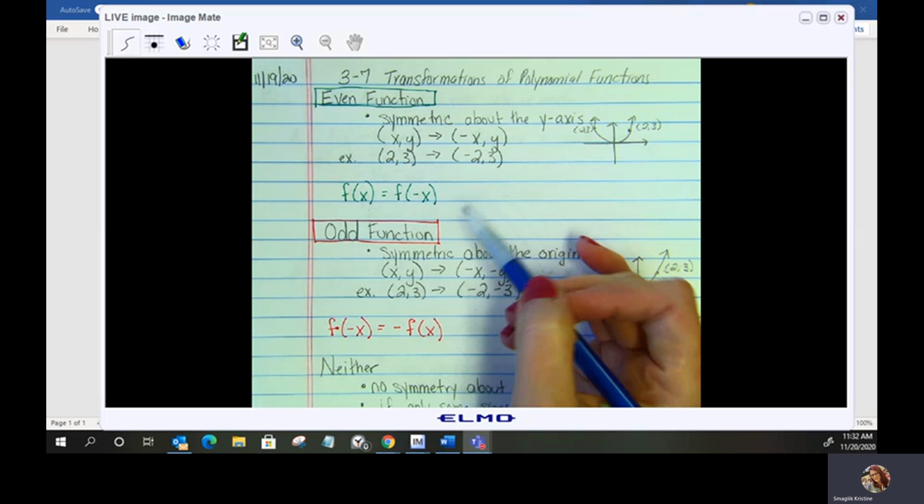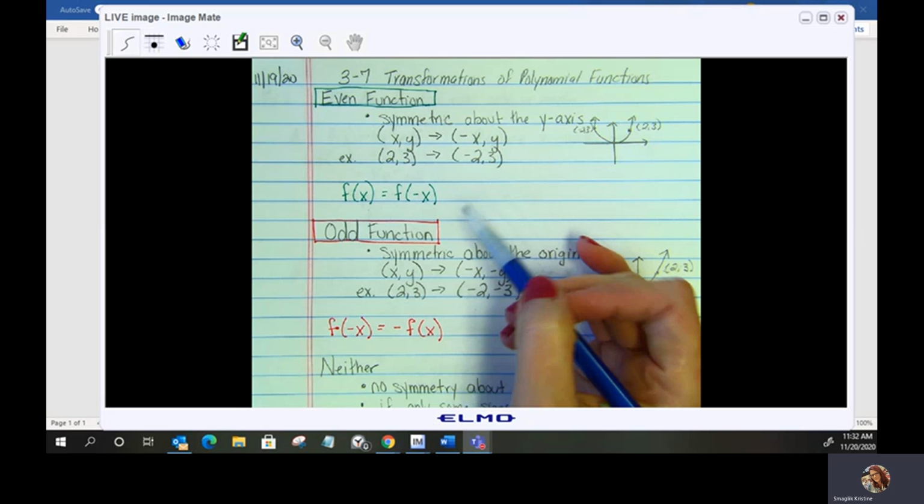Now on this one, f of negative x is 2 times negative x raised to the 3rd plus 3 times negative x. If I raise a negative number to an odd degree, it is going to stay negative. I have negative 2x to the 3rd. 3 times negative x is negative 3x.